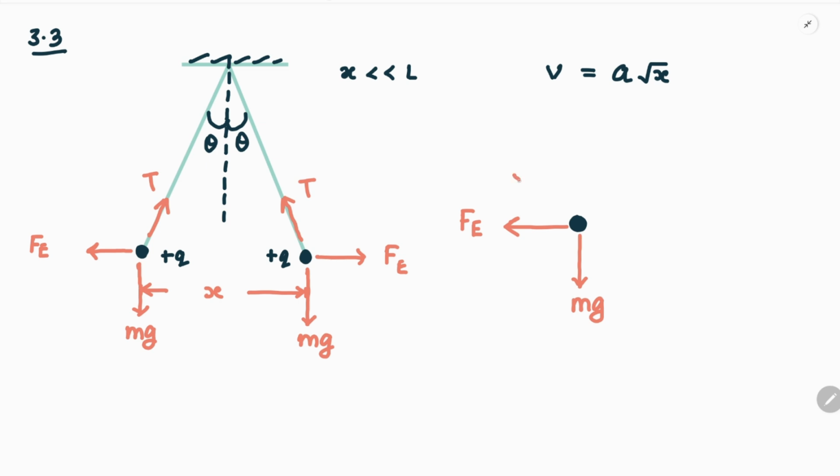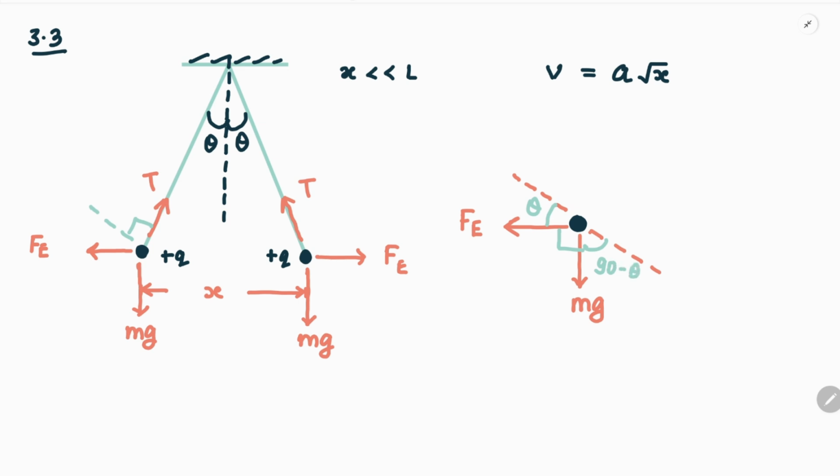If I take this line, then this angle is 90 degrees. So if this angle is theta and we consider a line perpendicular to this, this angle will again come down to theta, and this is 90 minus theta.